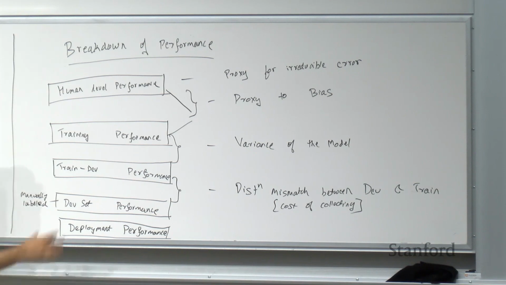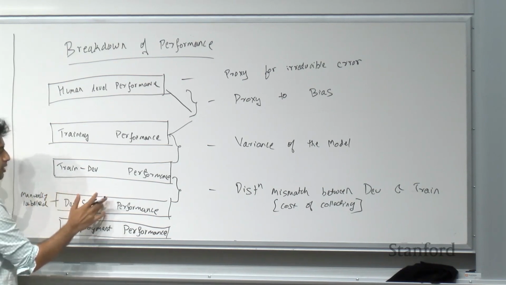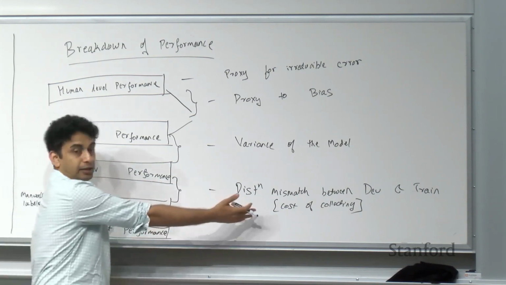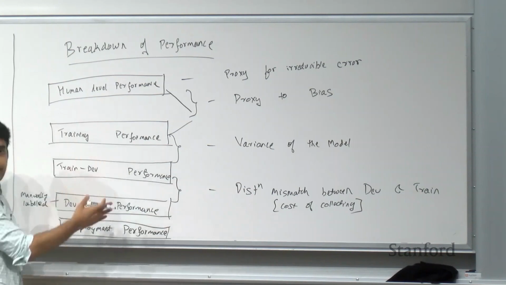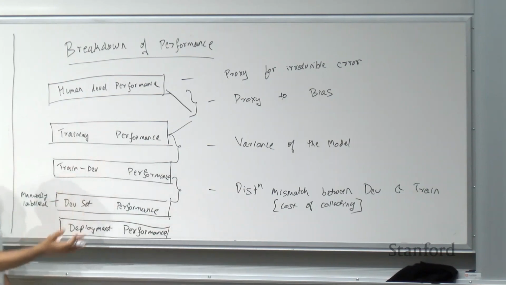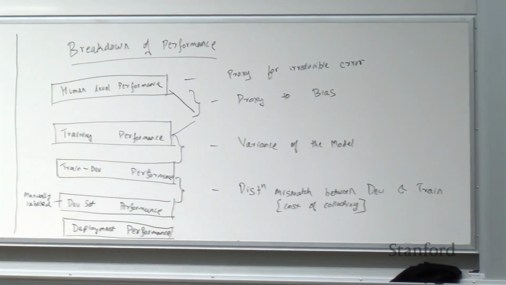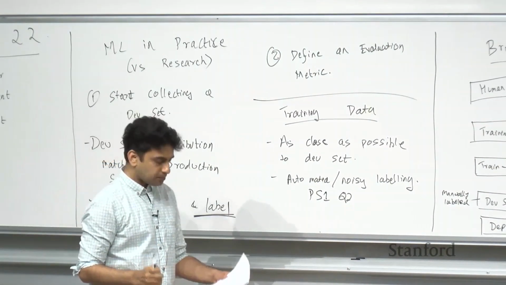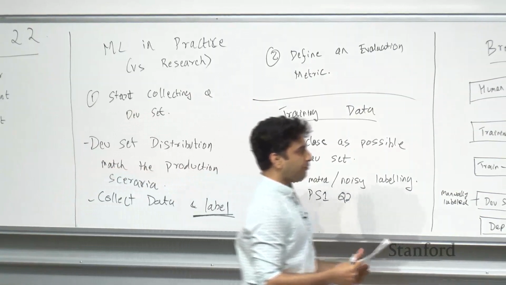The purpose of the train dev set is to check if your model is overfitting or not. And the dev set is used to check if the model is going to work well in the deployment scenario or not, because the training data that you obtained was different from the potential deployment scenario.